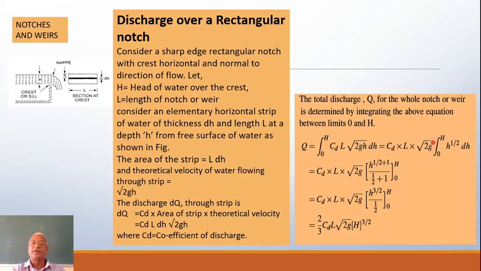So because of that, they have been put outside the integration sign. 0 to H, h raised to half dh. So constants, h raised to half plus 1 divided by half plus 1, from 0 to H. So this becomes h raised to 3 by 2, 0 to H. This becomes 1 and half, actually it is 3 by 2 here. There is a mistake.